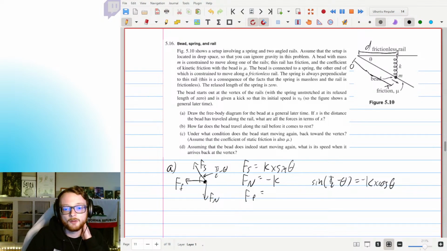X sine theta. This looks very janky. It is a thing though.